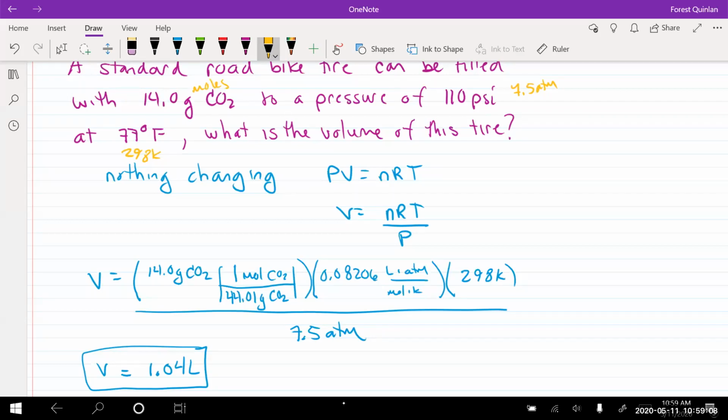Yeah, I got you now. And we have the pressure and we have the temperature. I'm asking for the volume. And so look, you got your grams top to bottom, your moles top to bottom, your temperature top to bottom, and your atmosphere is canceled out, and you're left with your volume. That's as hard as it gets, guys.